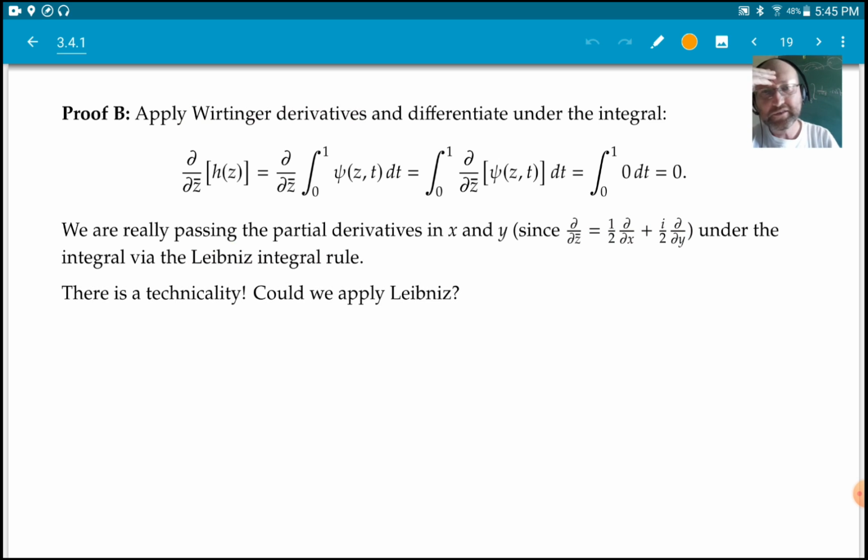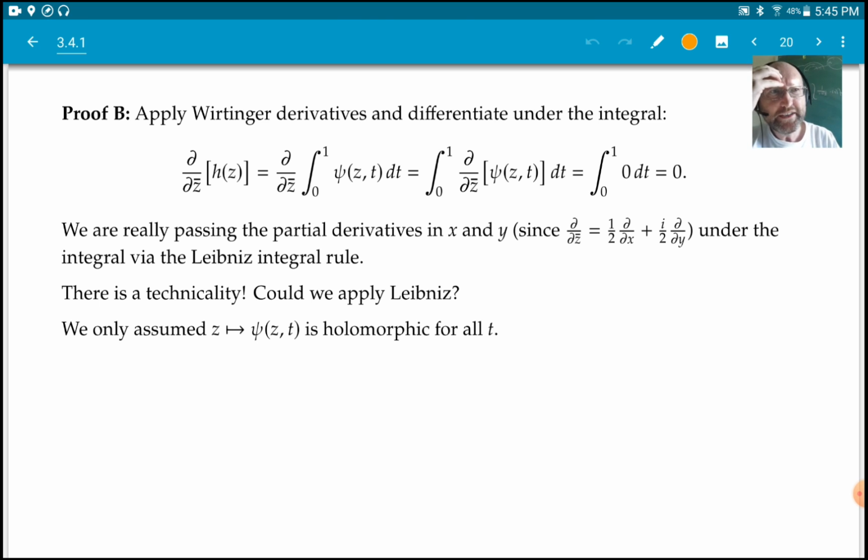Okay, well, could we apply the Leibniz rule? So can we pass underneath? Well, we didn't really assume everything that Leibniz required.